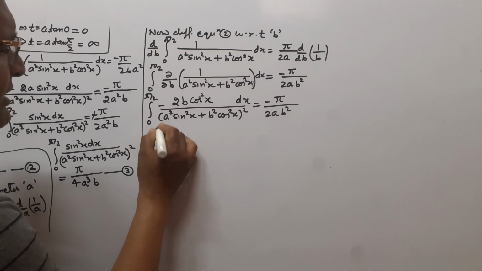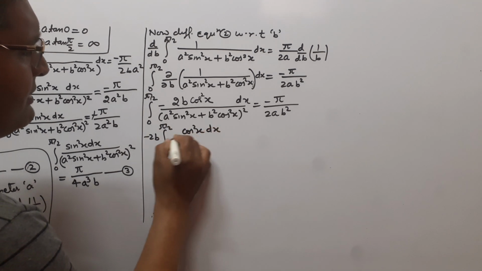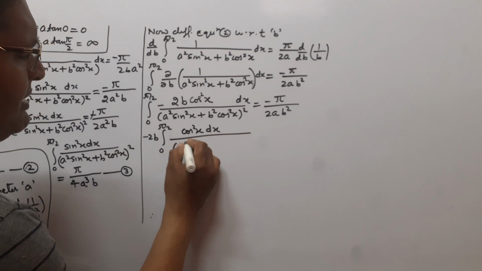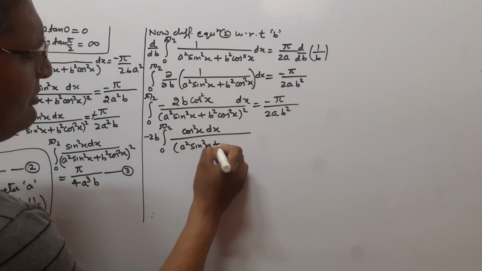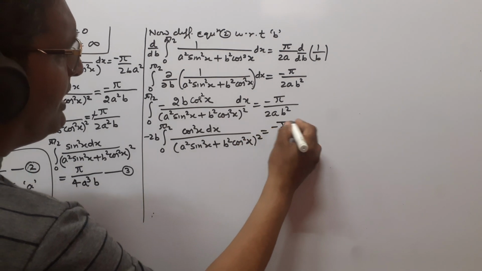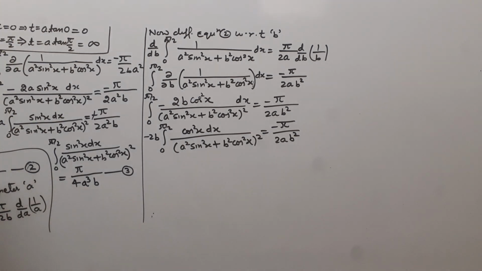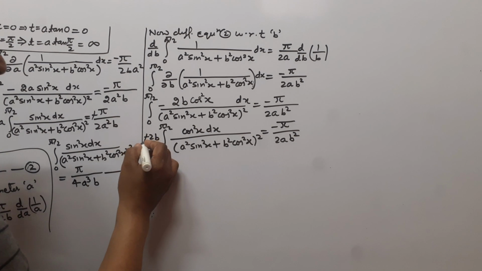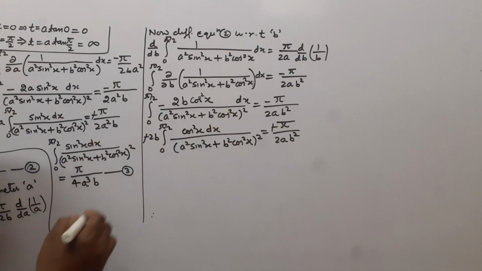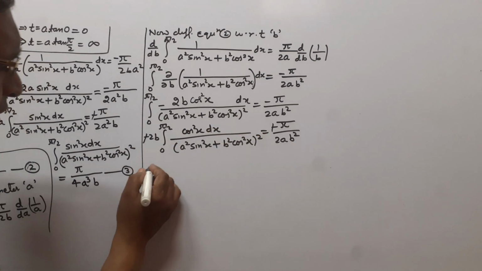So -2b times the integral from 0 to π/2 of cos²x dx divided by (a² sin²x + b² cos²x)², this is equal to -π/(2ab²). On both sides this minus is cancelled by this minus, and this 2b goes to the right-hand side in the denominator.